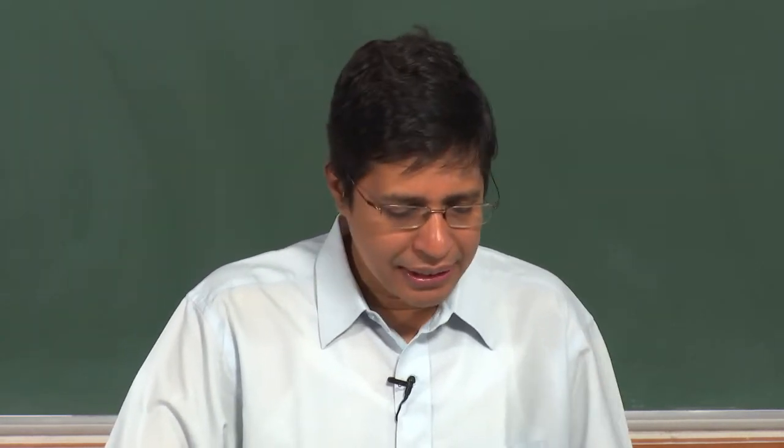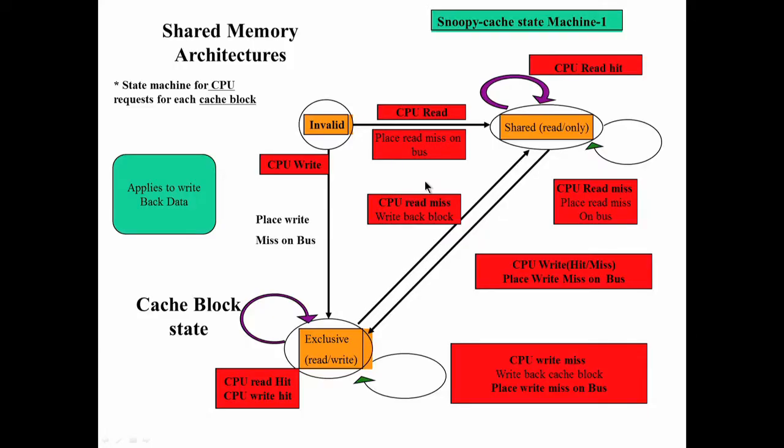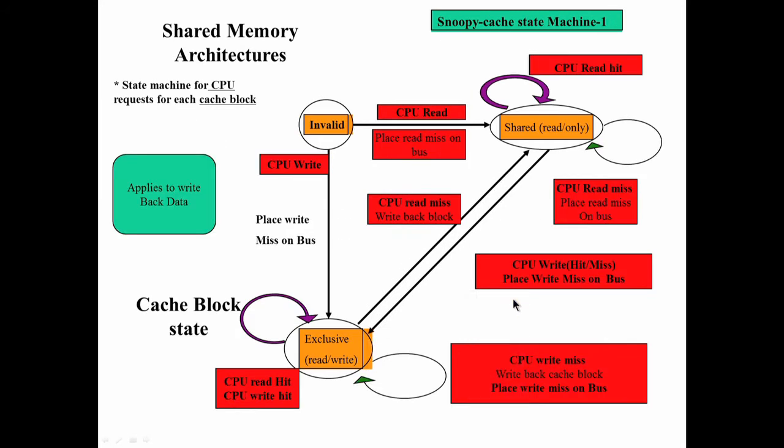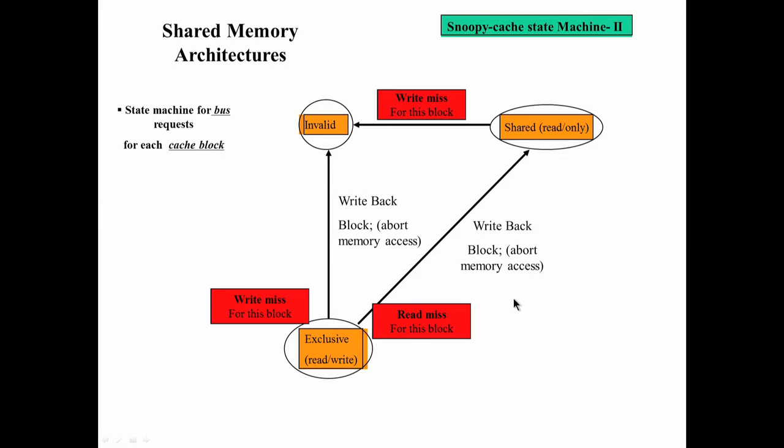So this is the Snoopy based protocol. This is what is given in many textbooks, with 1, 2 or 3 paragraphs of explanation, and obviously you will not understand what it means. There are two state machines, and whatever you see here and in the next slide are deterministic finite automata. It is a DFA.